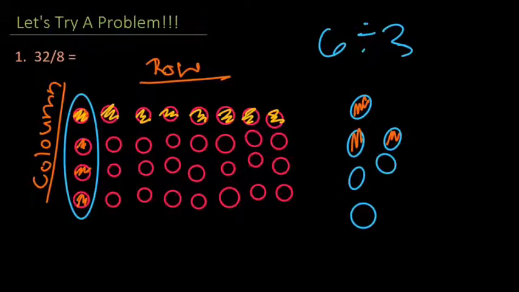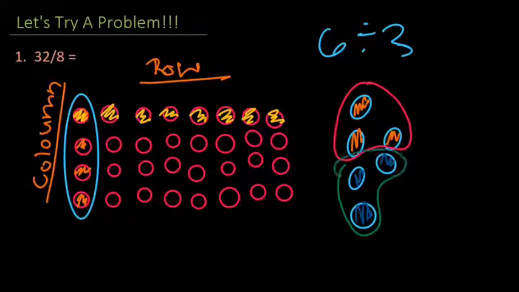I make this a group. And again, I circle in another 3 circles: 1, 2, 3, and I make this a group.